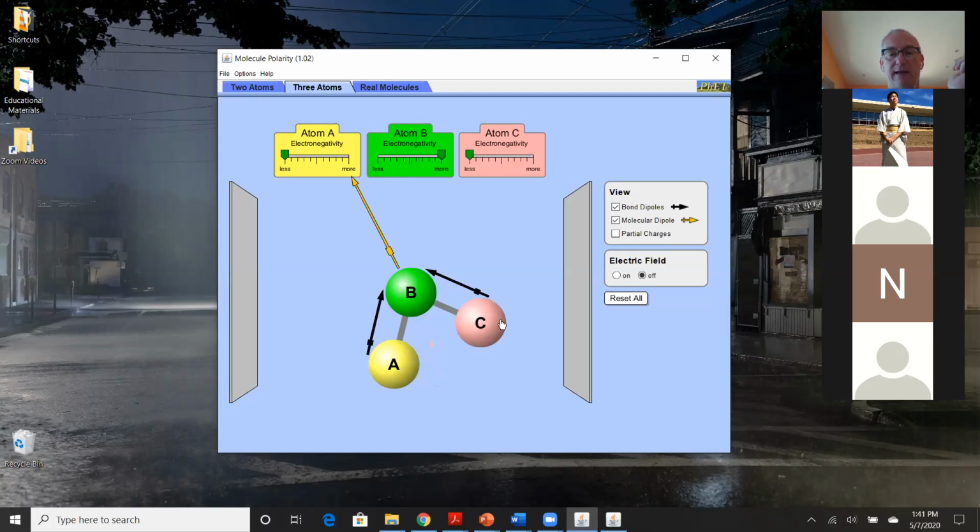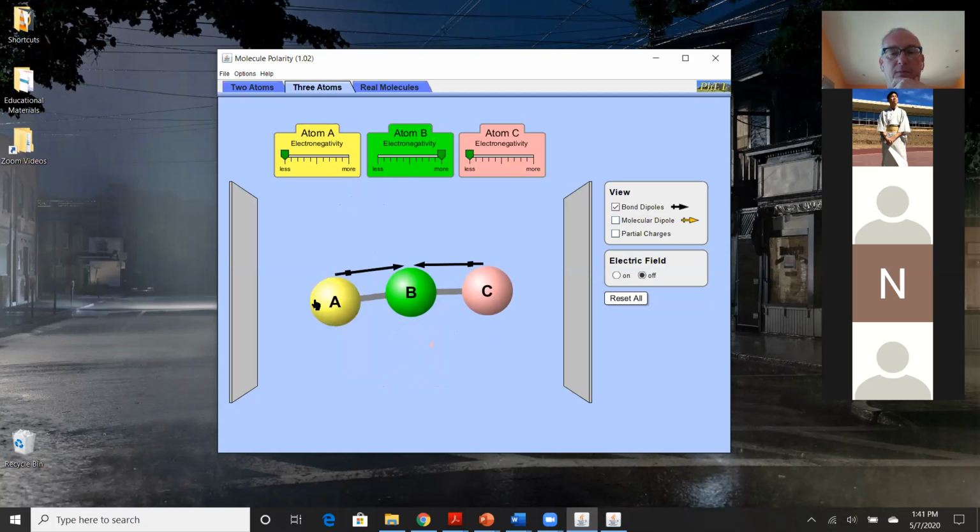But what if this was a linear molecule? What would happen if this was a linear molecule? Its molecular dipole is 0, like none. Yeah, it'd be 0, right? Because basically we're adding two equal forces in exactly the opposite direction. Remember, a force has both an amount and a direction.